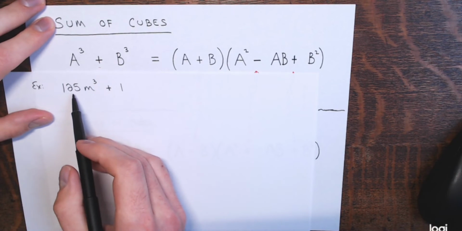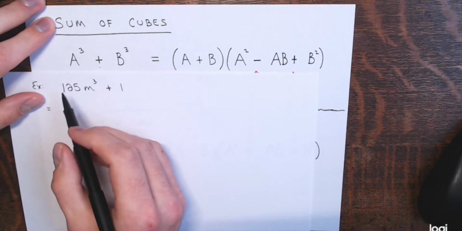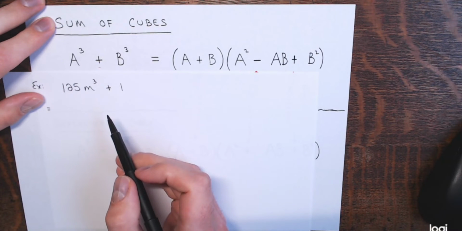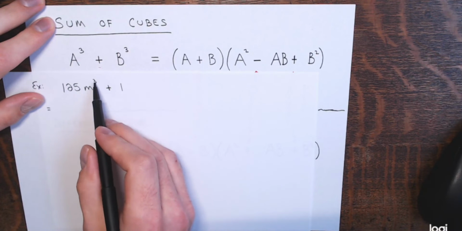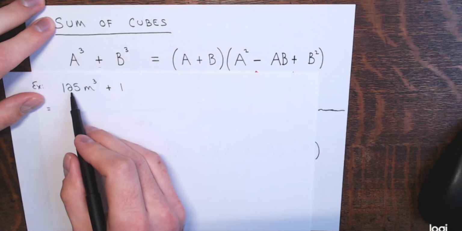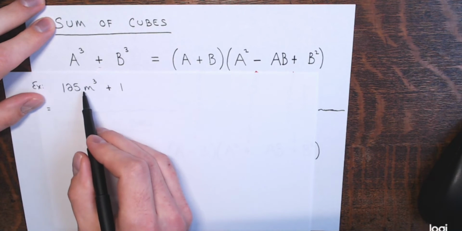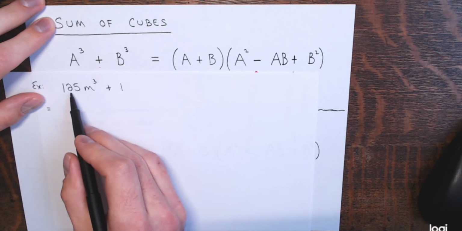But now I have to rewrite this so that it is indeed a sum of two cubes. This is not all to the third power here. m is to the third power, but not the 125, so it's not a cube yet. But the nice thing is 125 is a cube. It's 5 cubed.